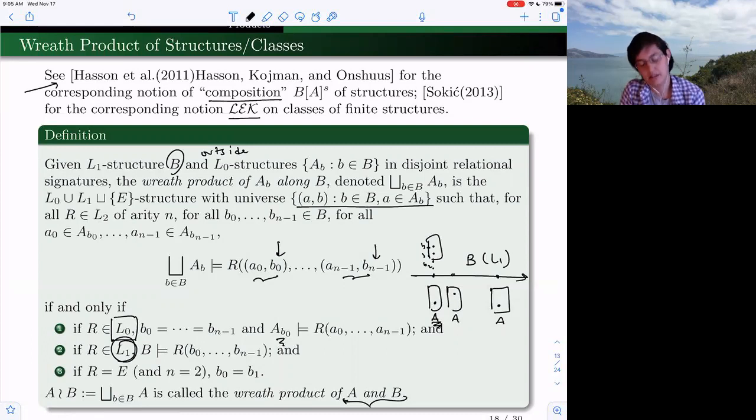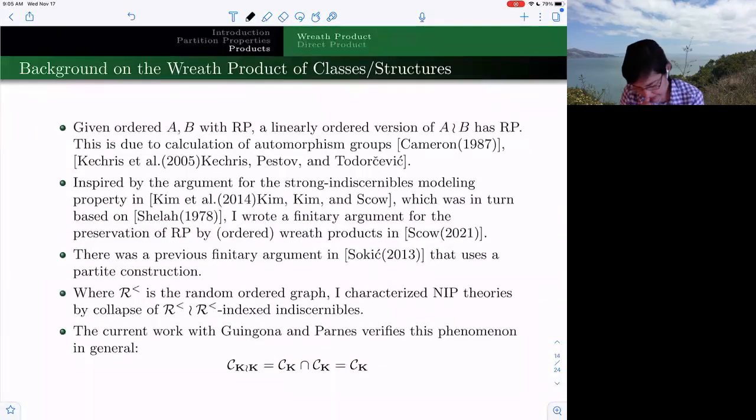And okay, it tells a little bit of the story of how I got into this project. If you had A and B with a definable ordering, each with a Ramsey property, then the product would have it. And it follows due to calculation of automorphism groups and the Kechris-Pestov-Todorcevic technique that from the automorphism group, you can tell the Ramsey property of the class.